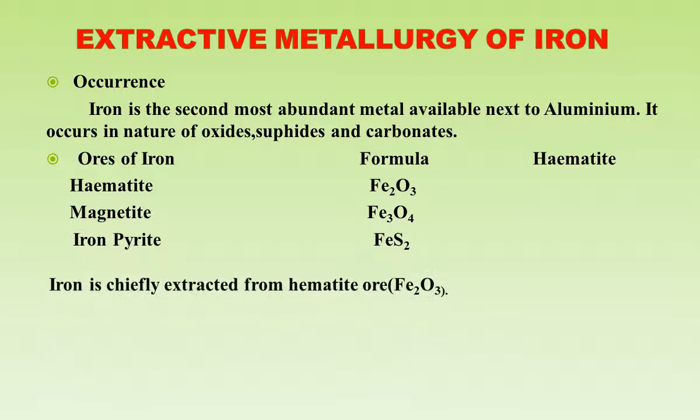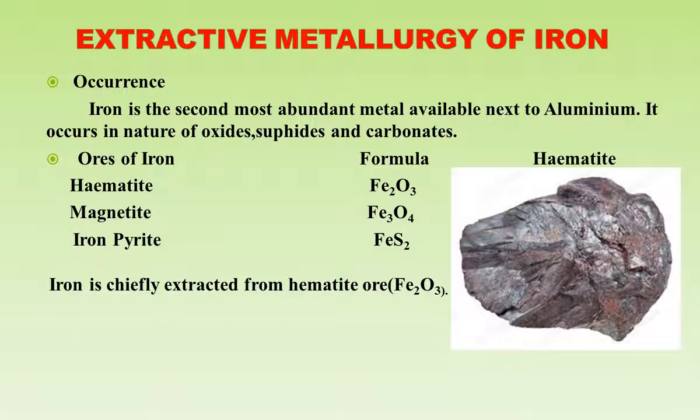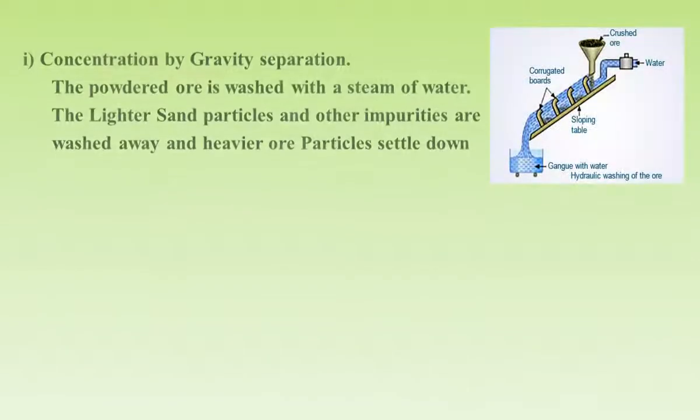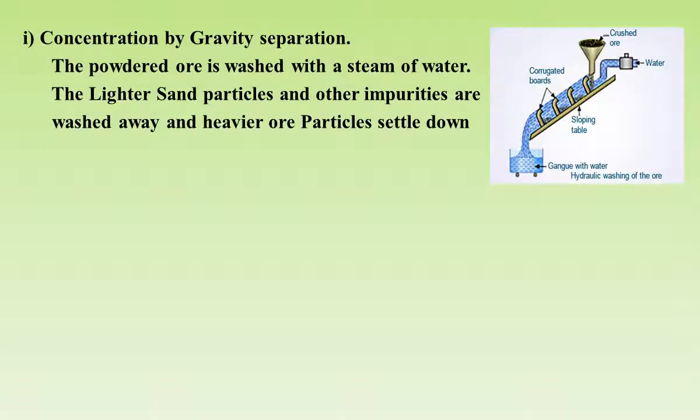The chief ore of iron is hematite ore, and this is the picture of hematite. From this ore only we are going to extract the iron. Concentration by gravity separation or hydraulic separation method.